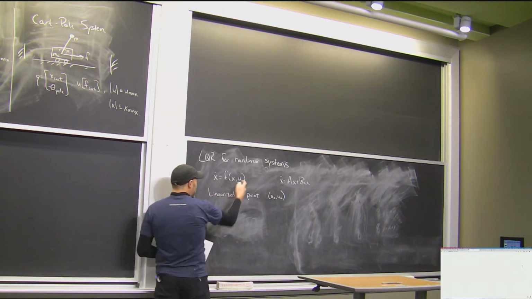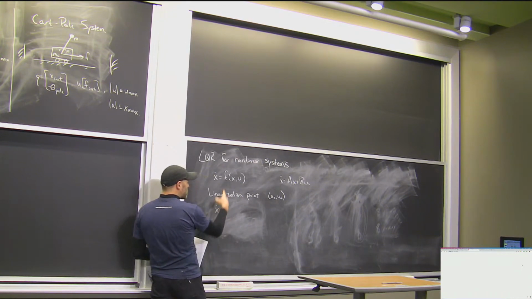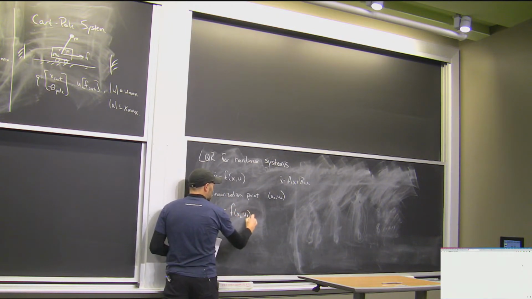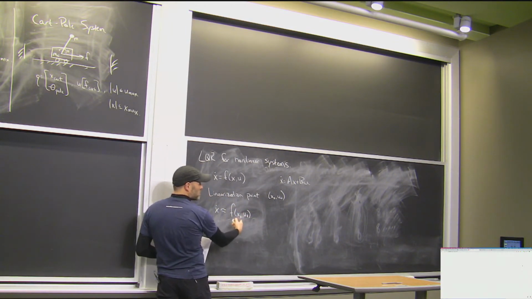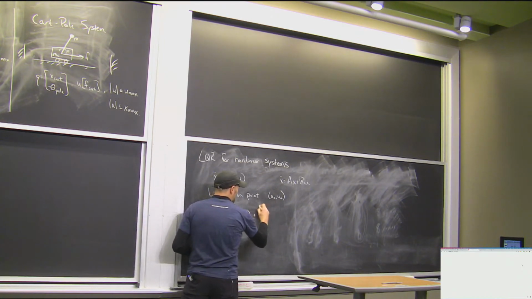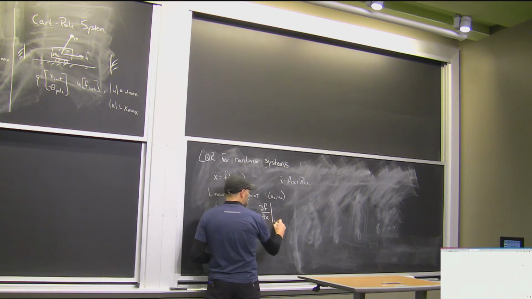And then I can take a first order Taylor expansion of this, and write that x dot is approximately this at that sample point plus the partial derivative of it evaluated at the sample point.